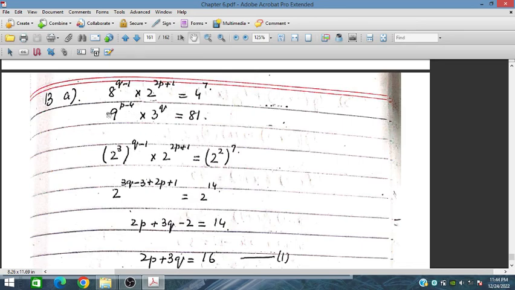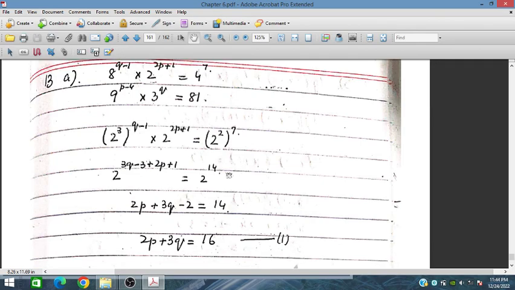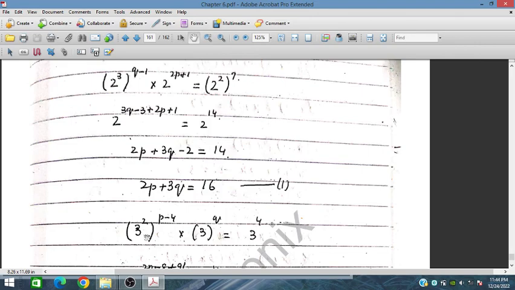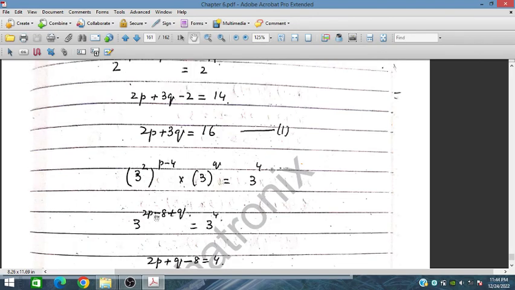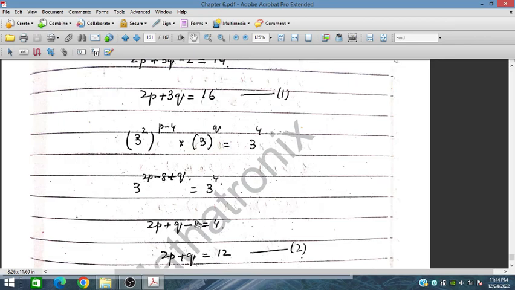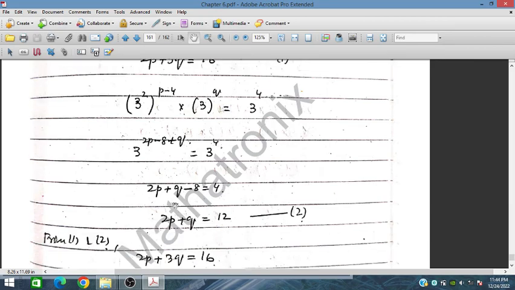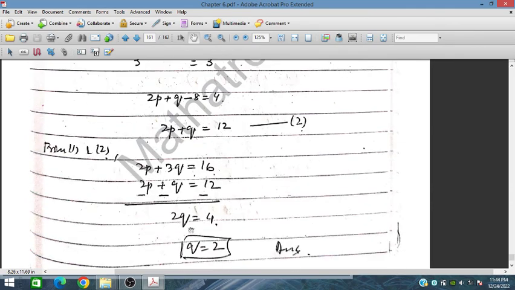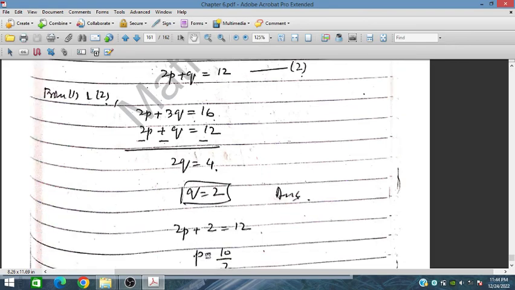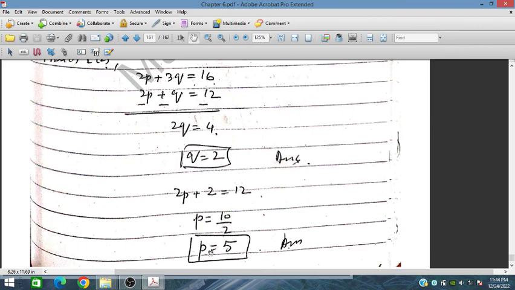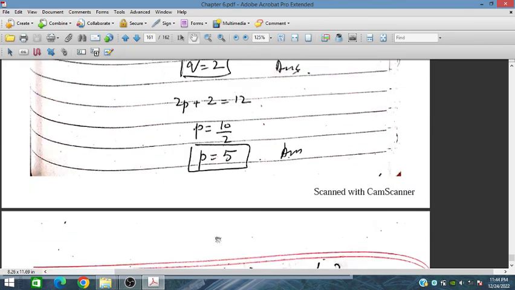Similarly from the second equation, 3 squared and 3 to the power 4, so we have 3^(2p minus 8 plus q) equal to 3^4. So 2p minus 8 plus q equals 4, so 2p plus q is equal to 12. This is the first equation and this is the second equation. We can solve them simultaneously to obtain the values of q and p, and that is our required solution.